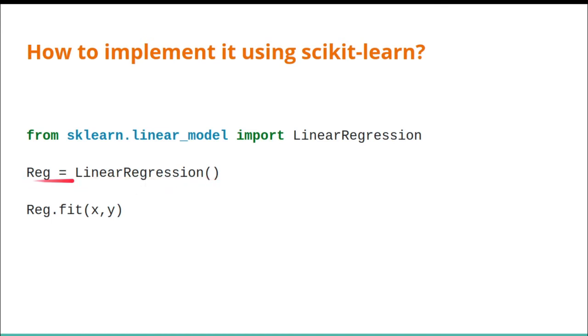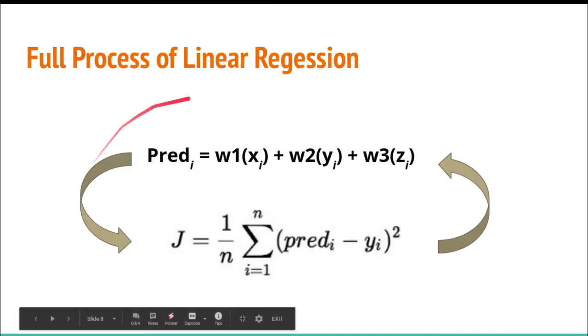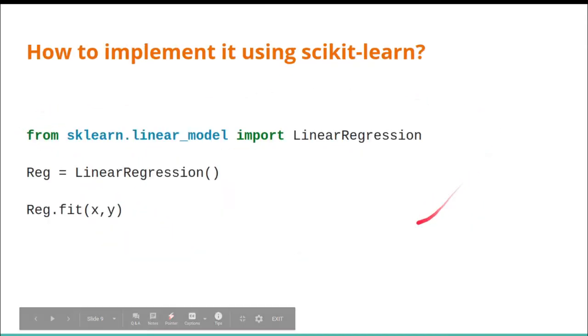I define this whole algorithm as reg. Then I give all the examples that I have, X as the independent variable and y as the dependent variable, and it will automate the whole process that we discussed earlier. This whole process is automated by just these 3 lines of code.